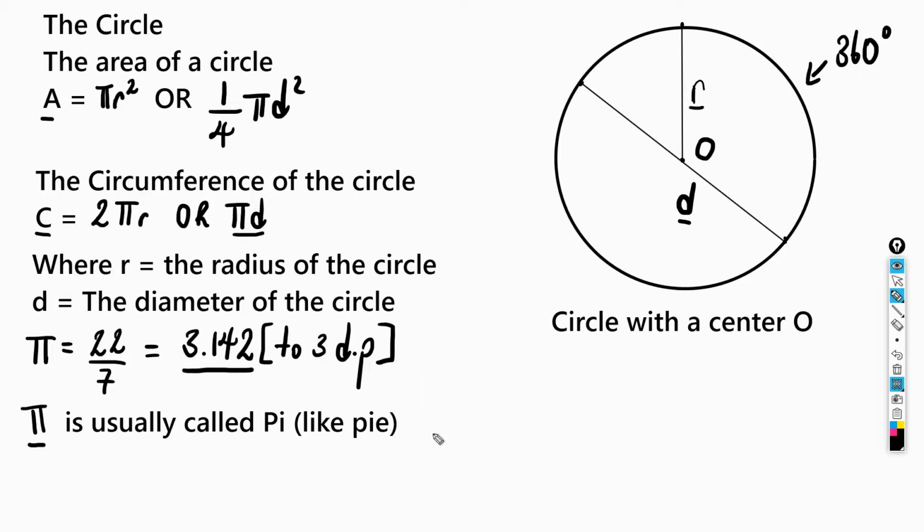So we pretty much have the formulas for the circle. We don't really need anything else. All we need to do is some examples and get used to calculating these circles. You know I love to do 3 examples, so let's dive right into some examples.